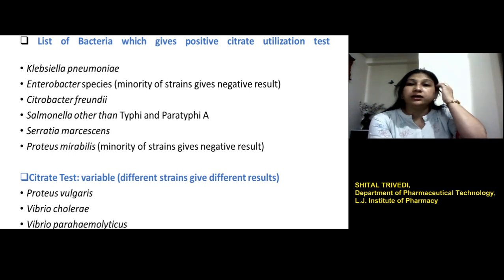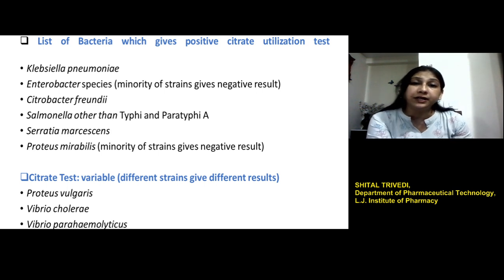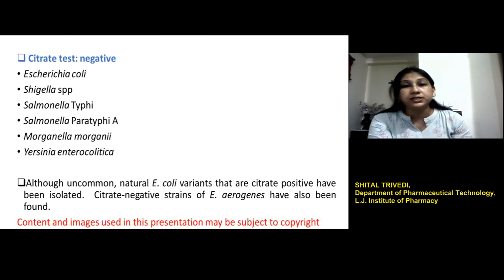Some organisms are called citrate variable because some strains are positive and some strains are negative, like Vibrio cholerae and Proteus vulgaris. Organisms like E. coli, Shigella species, Salmonella typhi, paratyphi, and Yersinia species are citrate negative.